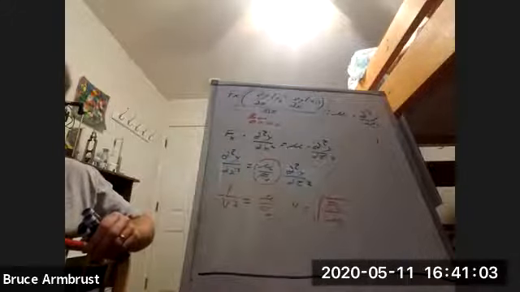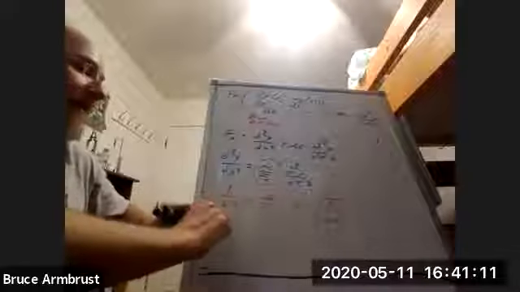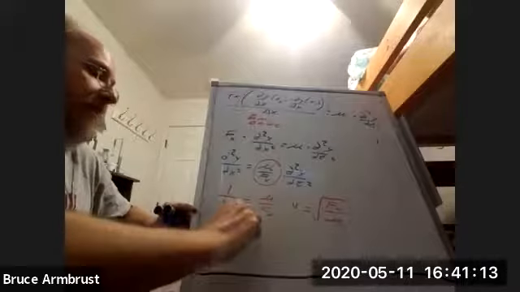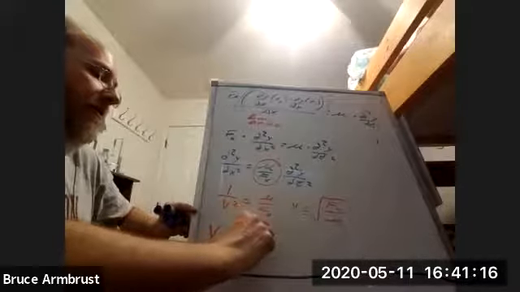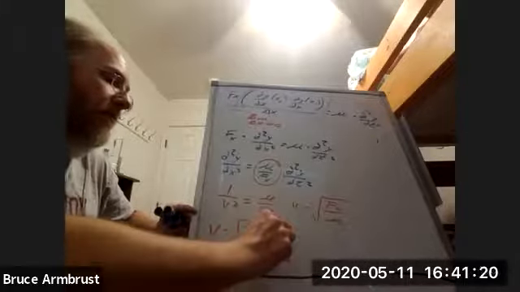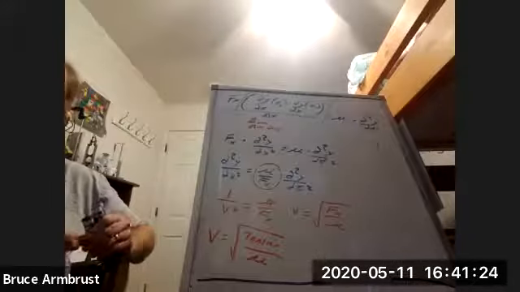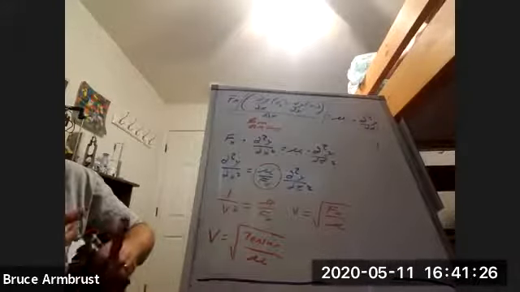And what force was causing that x direction? Tension. That was tension. So I'm going to rewrite this as v is equal to the square root of tension over mu. And I didn't want to use big T because that might make you think period.